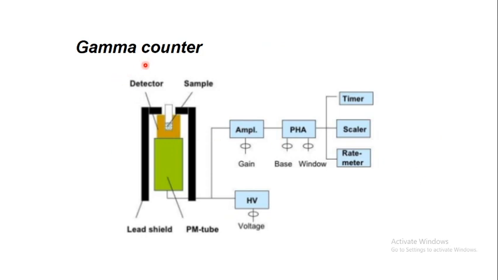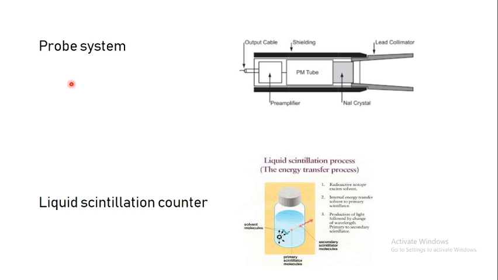This is the gamma counter flow sheet diagram, as we have studied again. This is the probe system, used for measuring radiation from the thyroid gland. The probe is put at the place of the organ, and the radiation from the organ is received by the sodium iodide crystal.